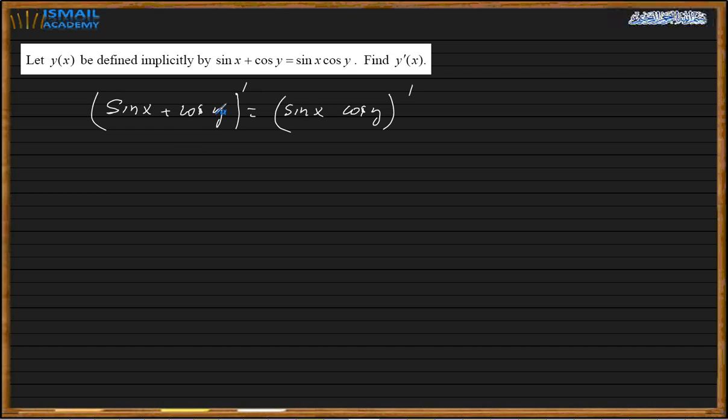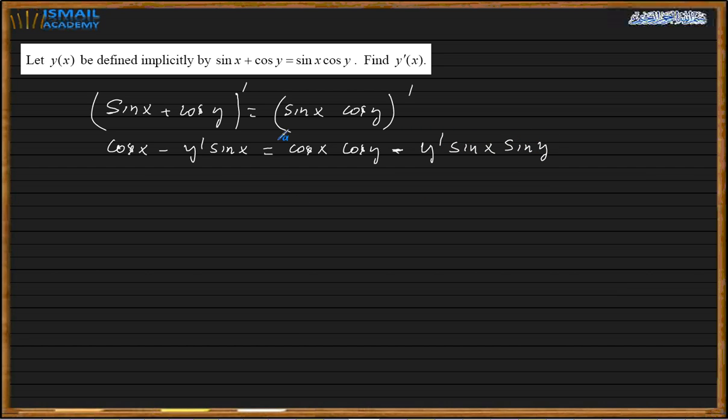But here this is y, so I'm going to use the chain rule. So it's going to be cosine of x minus y prime sine of y equals. Here I have the product rule, so it's going to be cosine of x cosine of y minus y prime sine of x sine of y.